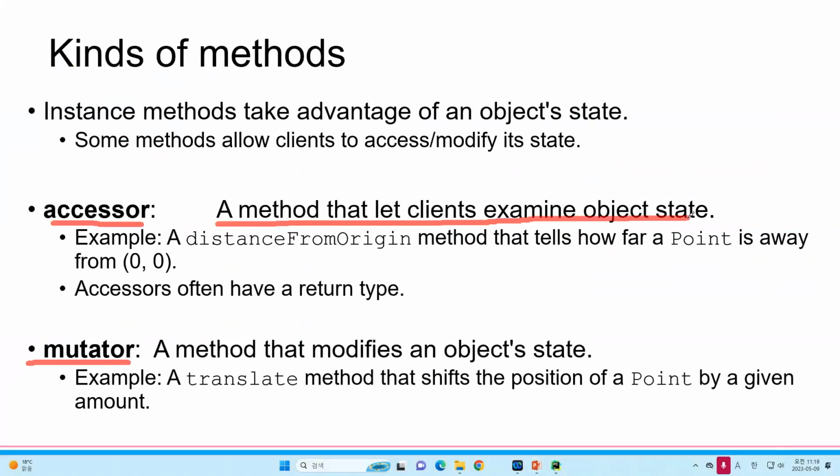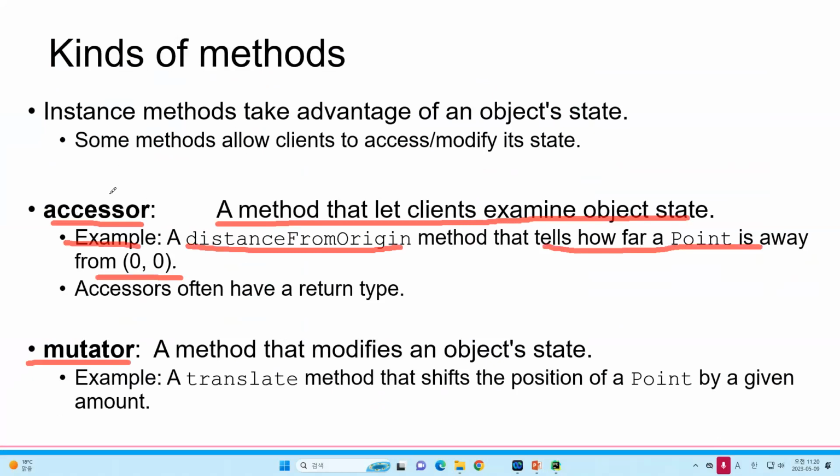So I can know what the current value is, what the current state of the data members is. For example, I will make a method, distance from origin. Distance from origin means I want to know how far a point is from 0, 0.